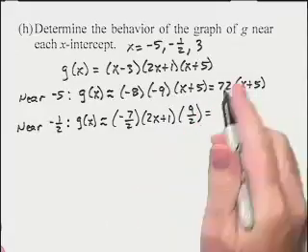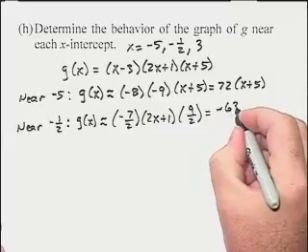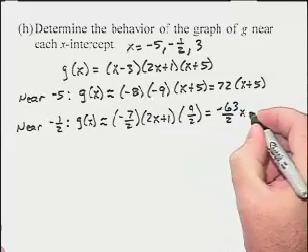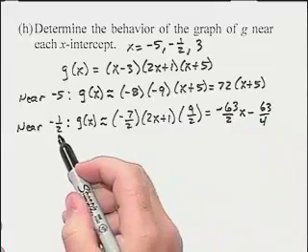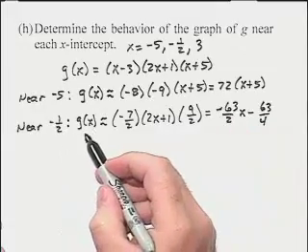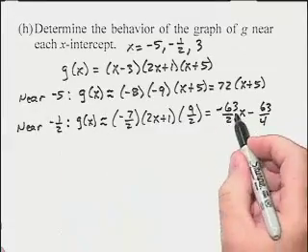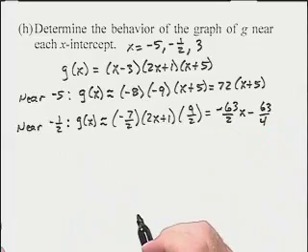If we simplify this, we'll get negative 63/2 times x minus 63/4. And so near negative 1/2, the graph of g will look like a line with slope negative 63/2.